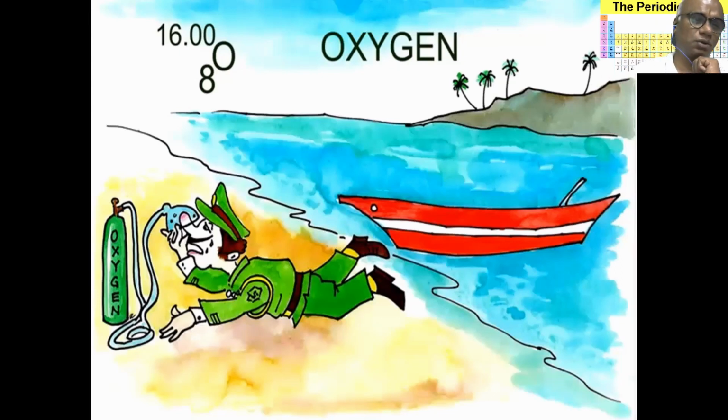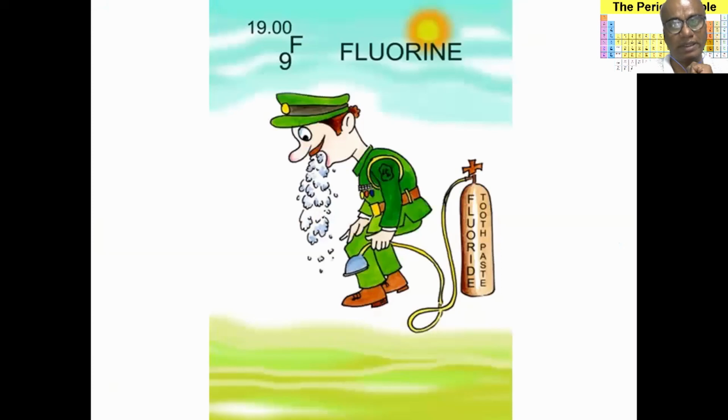Because he has been rowing the boat throughout the night, the army general got tired, so he uses an oxygen mask. But the 8th element is oxygen, but it is not actually oxygen. It is fluoride, which is present in the toothpaste.